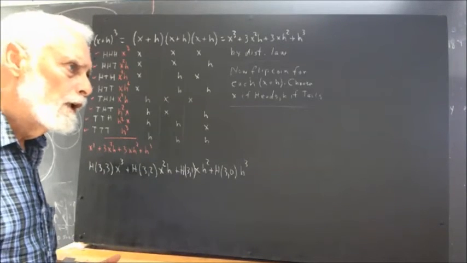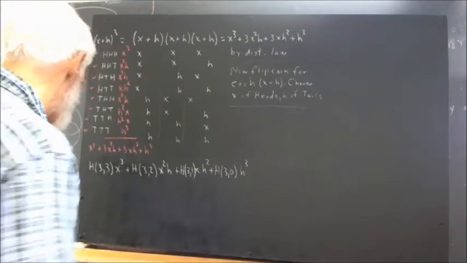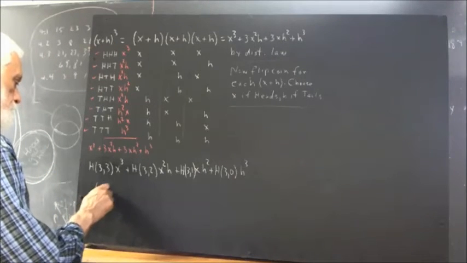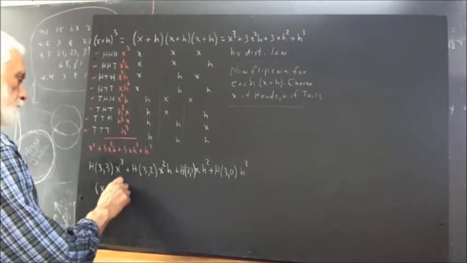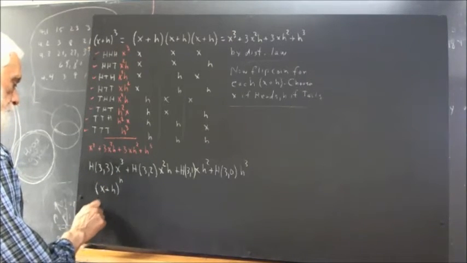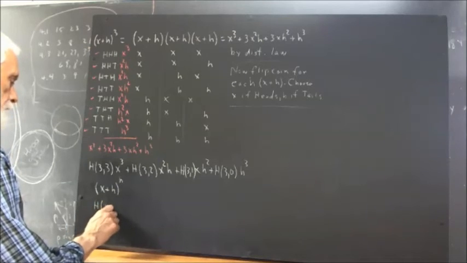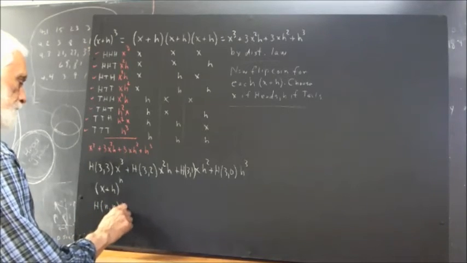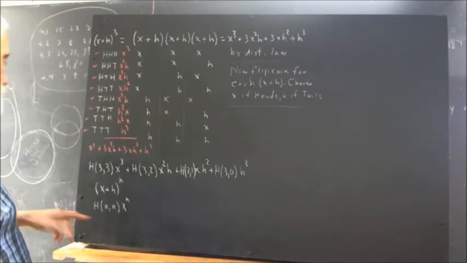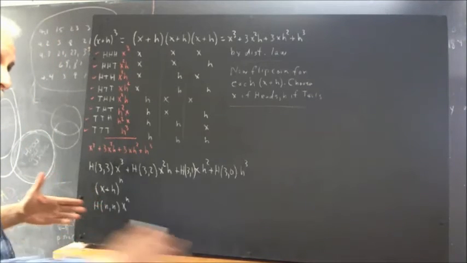Well, if we want to write x plus h to the n, we just write h of n times x to the n, because, well, h of n is the number of ways we get all heads.